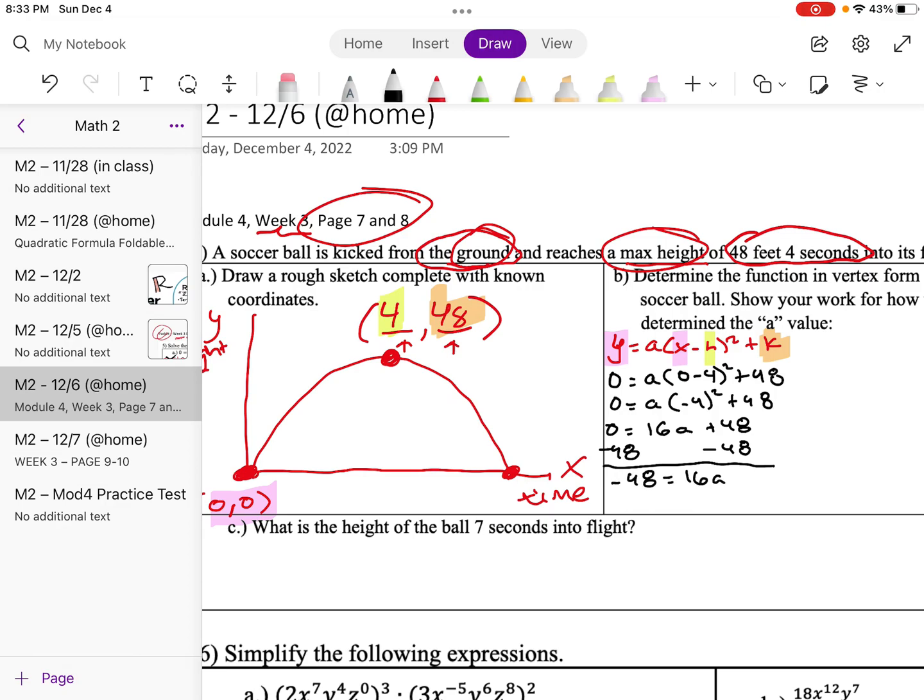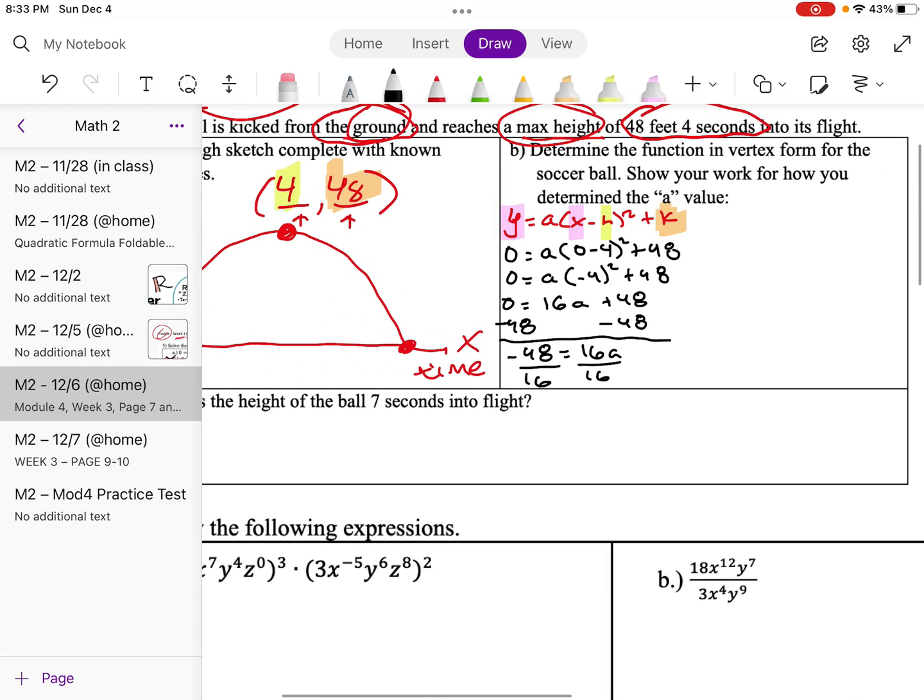Move the 48 over. Divide by 16 on both sides. Then we are going to get a equals negative 3.